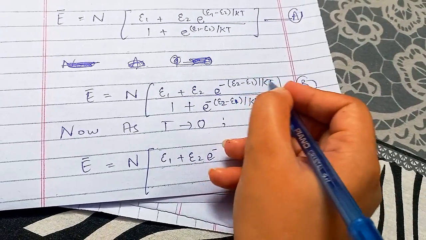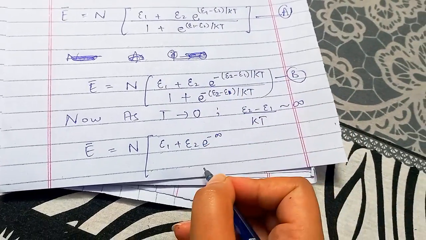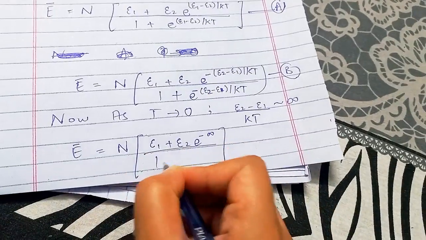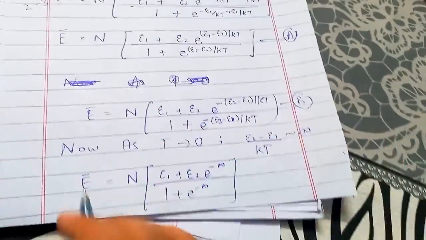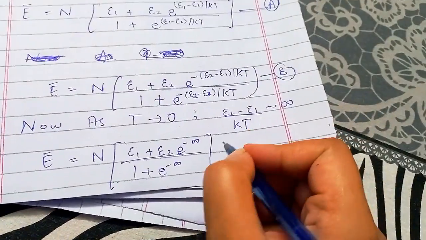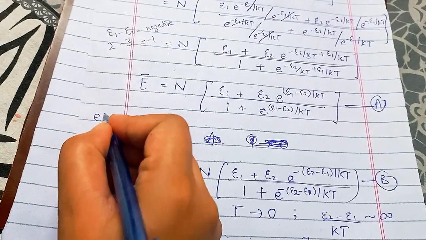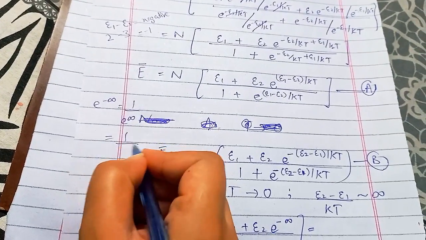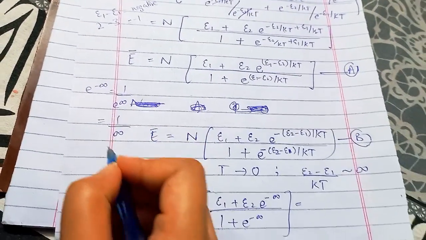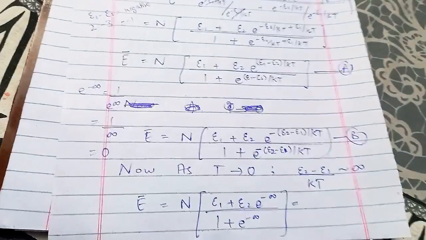In place of this whole quantity we'll write infinity, and in the denominator 1 plus e to the power minus infinity as well, and e to the power minus infinity is 0, because e to the power minus infinity is equal to 1 over e to the power plus infinity, and e to the power plus infinity is infinity, and 1 over infinity is 0.